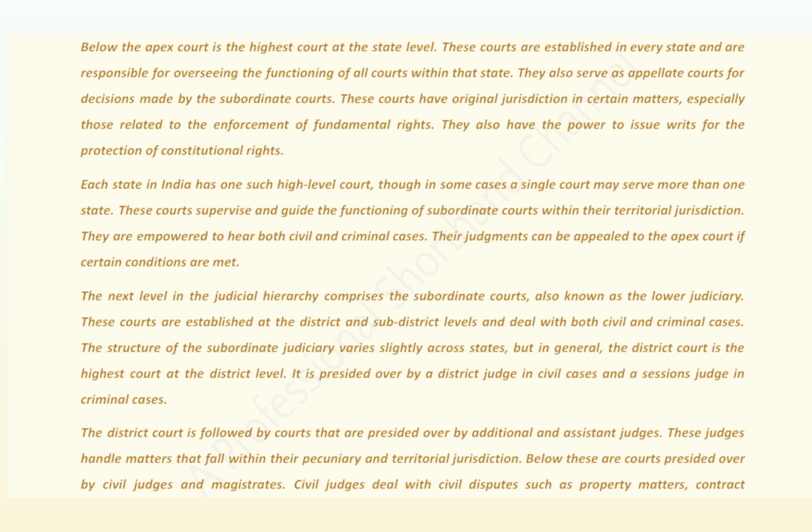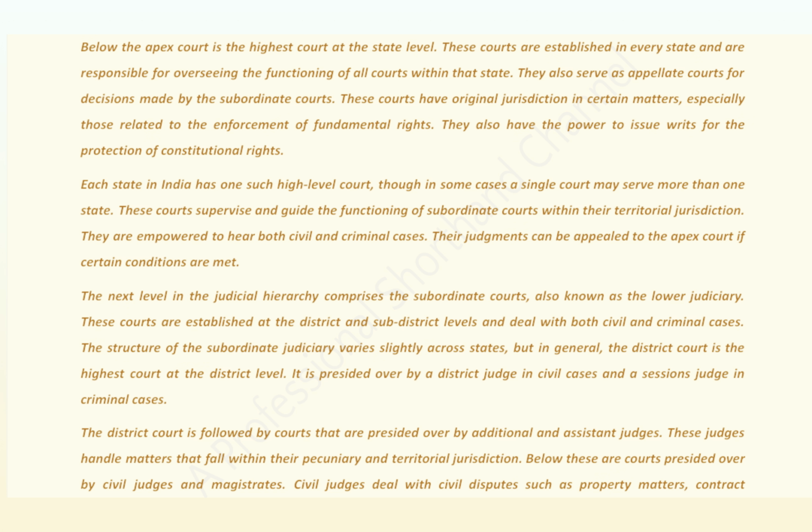The next level in the judicial hierarchy comprises the subordinate courts, also known as the lower judiciary. These courts are established at the district and sub-district levels and deal with both civil and criminal cases.